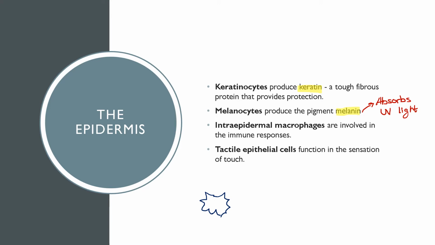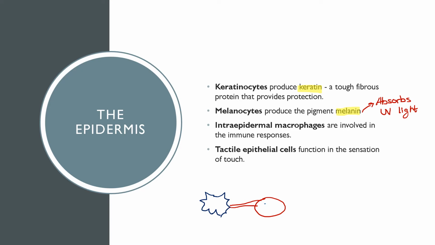And here I'm going to draw a melanocyte. Melanocytes will have these long, slender projections that extend between the keratinocytes, and they will transfer melanin from the melanocytes to the keratinocytes.